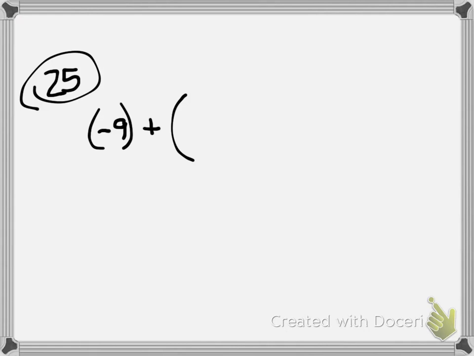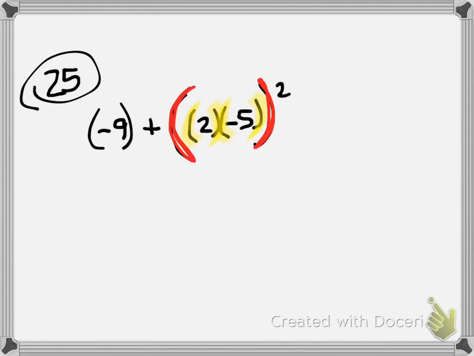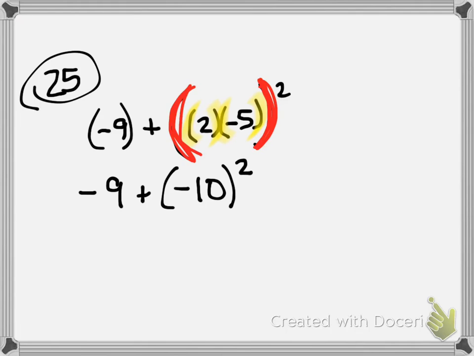Now this other one has two sets of parentheses. And your inner parentheses, there's nothing going on inside of them, is there? However, this set of parentheses definitely has something happening inside. So you have negative 9 plus, what is 2 times negative 5? That's negative 10.